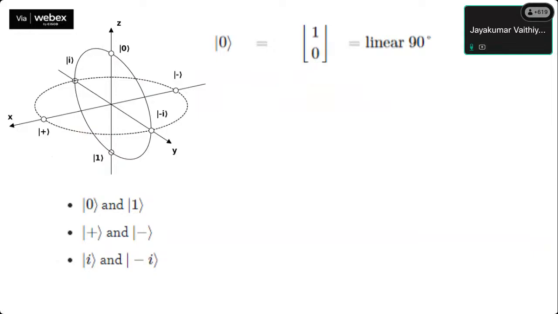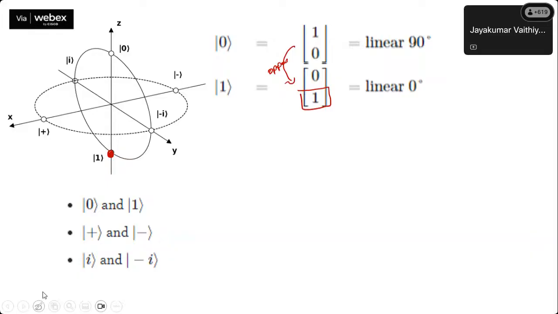If you want to represent state 1, which is the opposite, the lower component becomes 1 because state 1 is represented at the south pole, in the southern hemisphere. I hope everybody is able to follow.